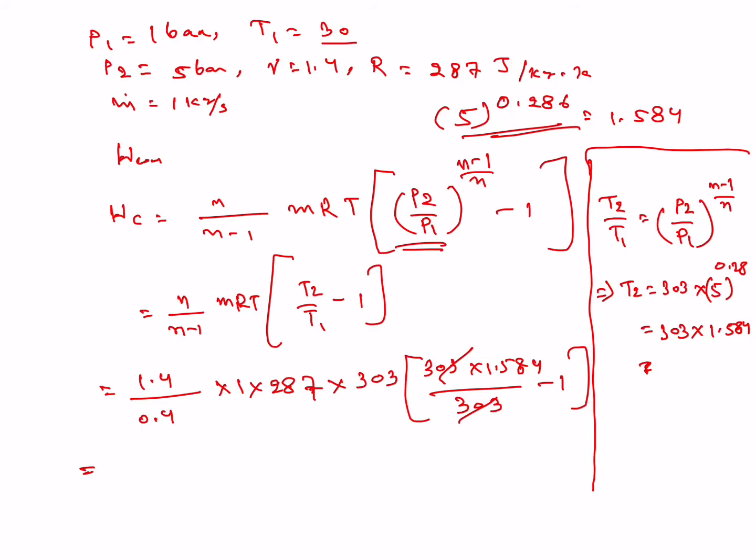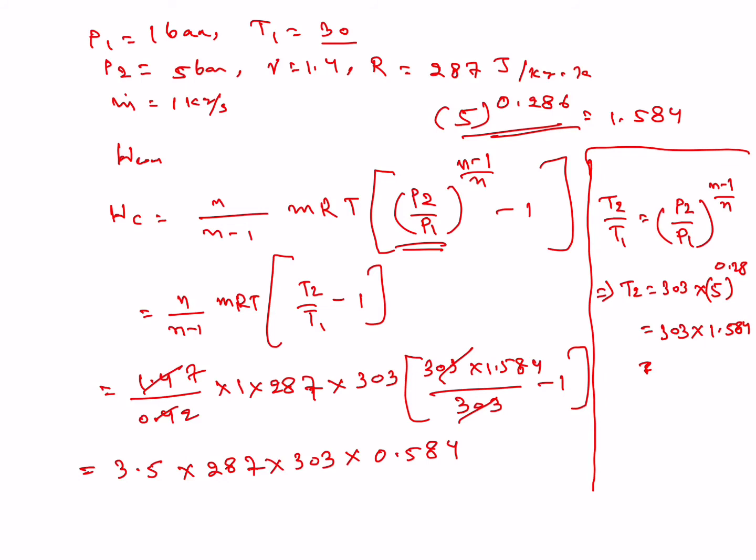So how much you will get? 1.4 by 0.4, or 7 by 2, so 3.5 you will get. 3.5 into 287 into 303, 1.584 minus 1, you will get 0.584.